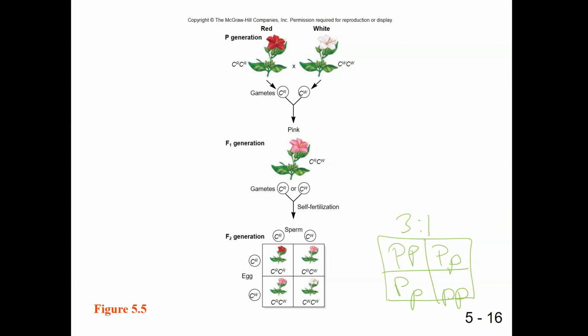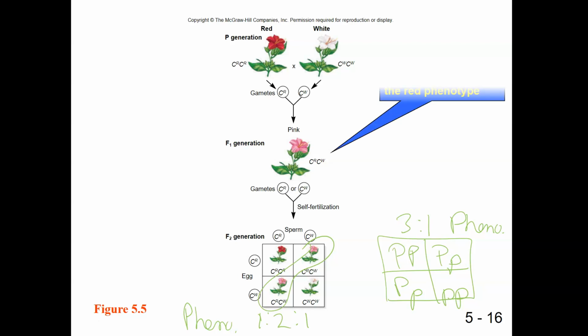Over here, with incomplete dominance, you always have a 1-to-2-to-1 phenotypic ratio, right? Phenotypic. And so in this way, you can see that you have this intermediate range. Intermediate dominance is characterized as a 1-to-2-to-1 phenotypic ratio when you cross two true breeding individuals in the P generation, red and white.